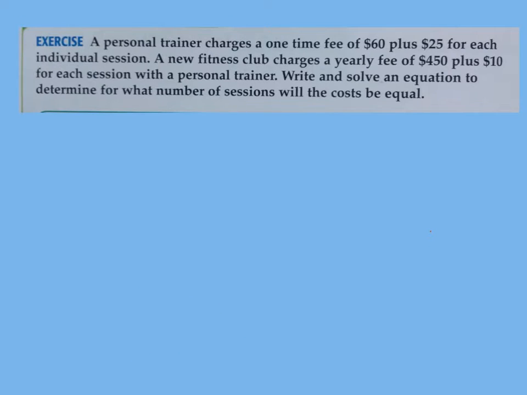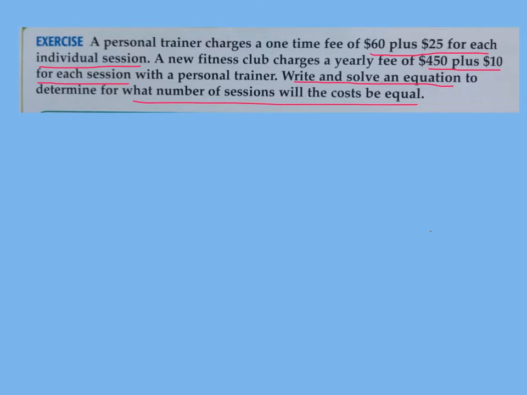All right, let's take a look at this word problem here. It says a personal trainer charges a one-time fee of $60 plus $25 for each individual session. A new fitness club charges a yearly fee of $450 plus $10 for each session with a personal trainer. Write and solve an equation to determine for what number of sessions the costs will be equal.